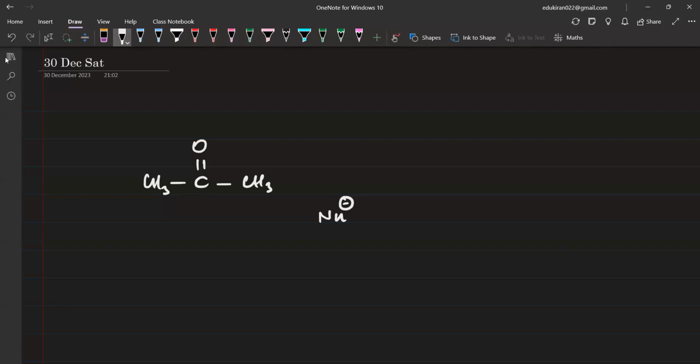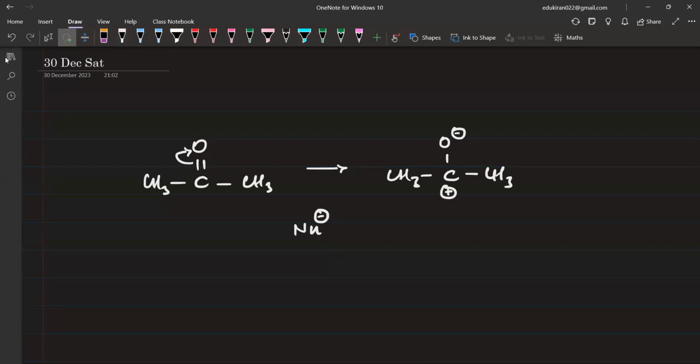So nucleophile is electron rich. So as soon as this nucleophile comes near to this site, what's going to happen? This carbon atom will break this pi bond. It will convert to CH3, C positive, O negative, and CH3, so that the attack of this nucleophile is a bit easy.